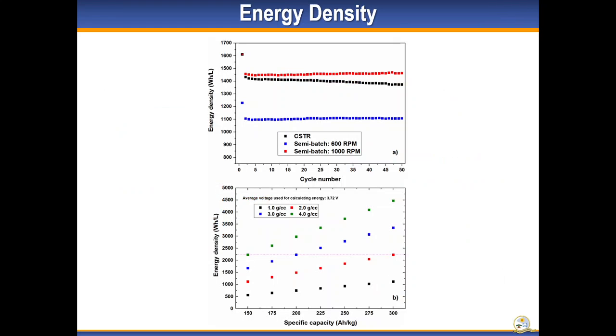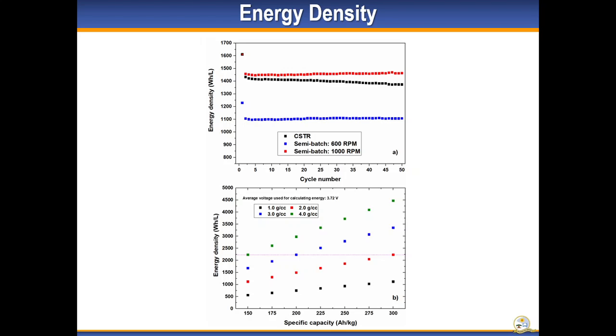What we need to point out is that even though the 600 RPM had the highest capacity, in terms of energy density, the 1000 RPM had the highest energy density because of the higher tap density. And this is shown in the first diagram on this slide.